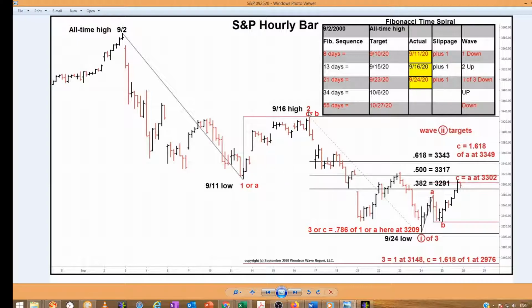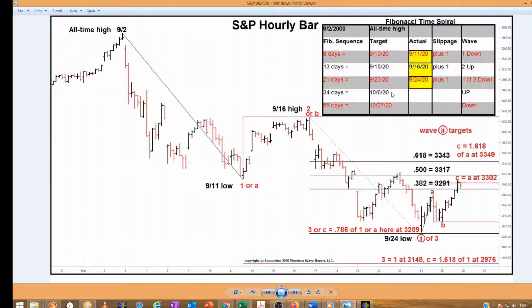The next high, or wave 2 up, topped on September 16, which was the next number in the Fibonacci sequence, 13 days later than September 15th, again with a plus 1 day of slippage. The next low here was on 9/24, and the next number in the Fibonacci sequence targeted September 23. Again, it had a slippage of plus 1 day, and it bottomed on 9/24.